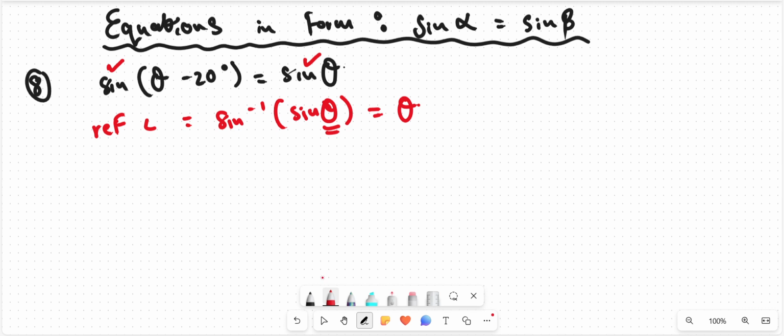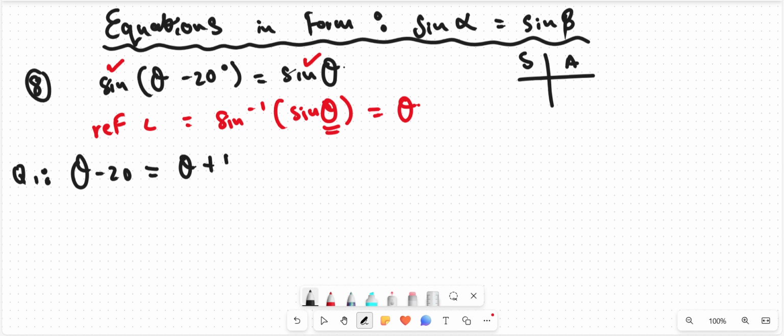That theta is my reference angle. Then I need to establish where sine is positive. Sine is positive in quad 1 and quad 2. So theta minus 20 degrees in quad 1 is equal to my reference angle plus K360. That's how it looks in quad 1.